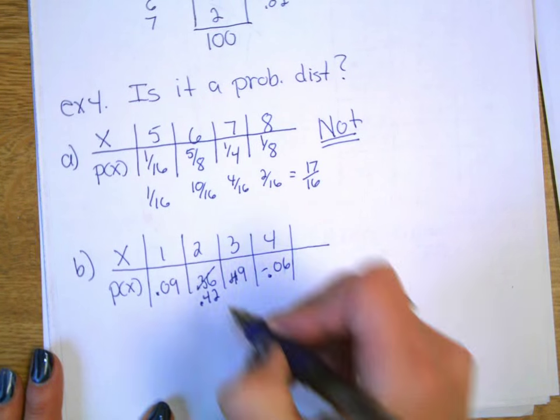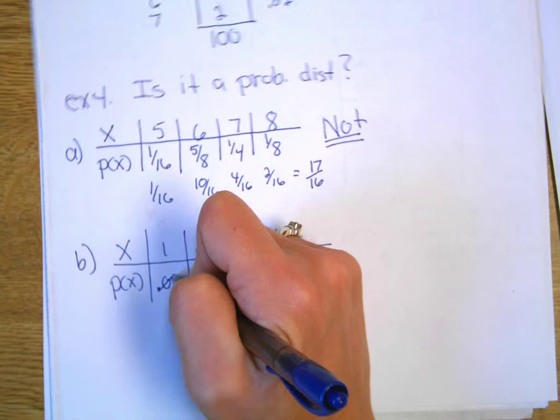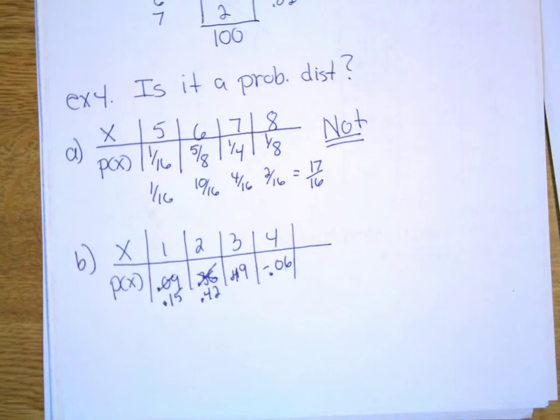See if I got that right. 0.49. Yep. Is that negative 0.06? Yes, it is. No, I still didn't get it right. I wanted them to add up to 1, but not be negative. I just have to make that one bigger. Let me make this 0.15. Then I think I'll have it.